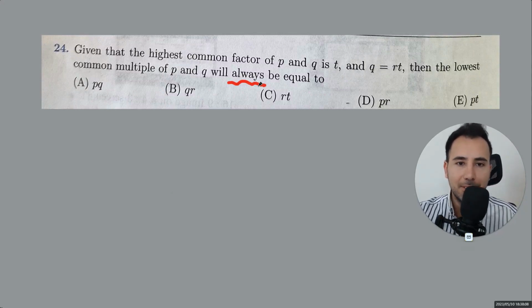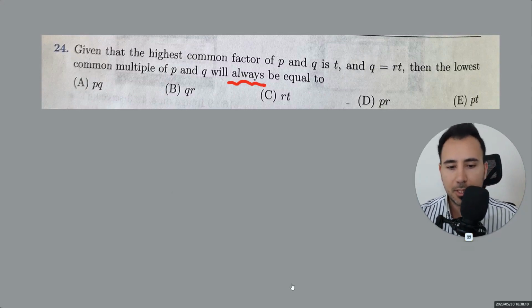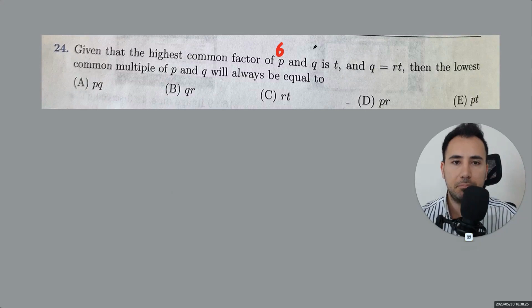Why do we have to deal with the difficult question when we could make it easy? For example, let P be 6 and Q be 2. If P is 6, Q is 2, then Q equals RT.